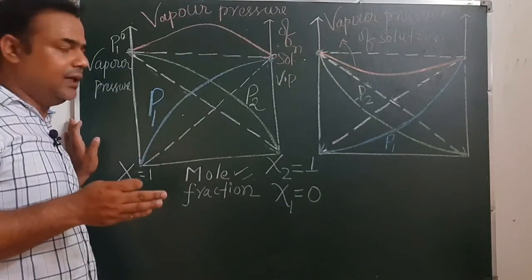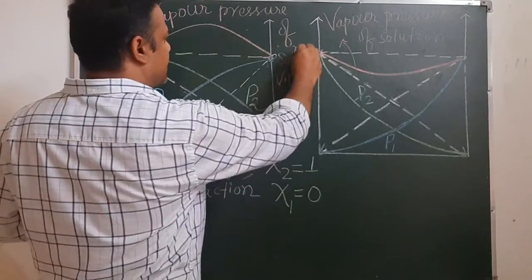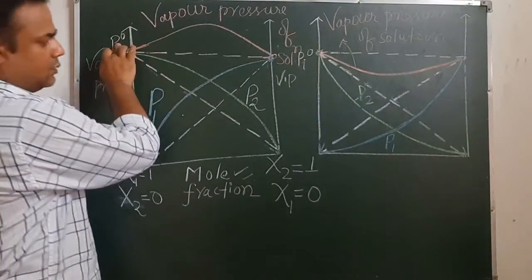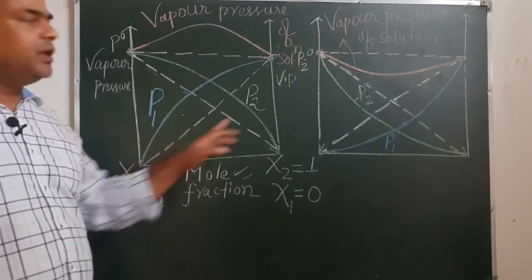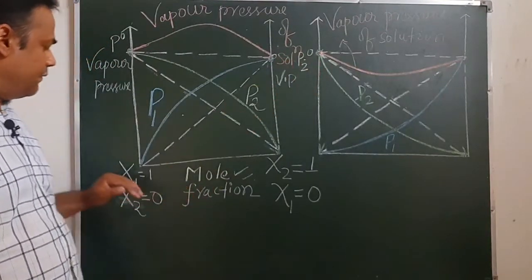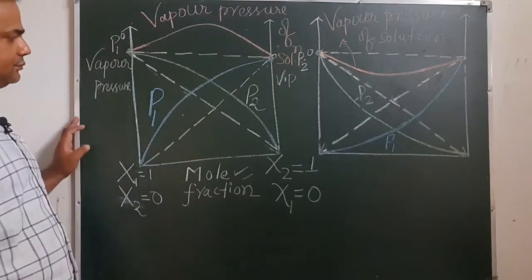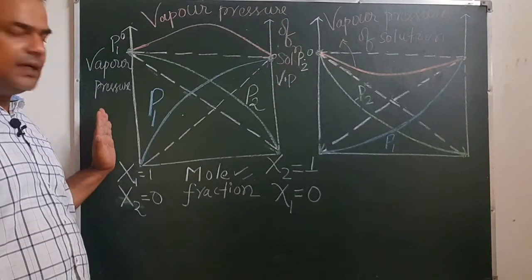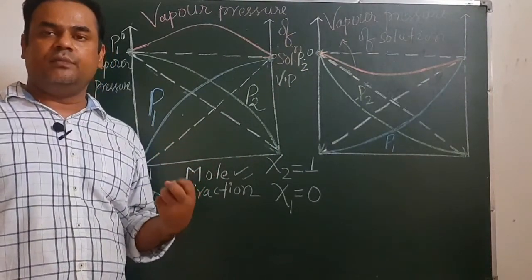It should be volatile, only then we can draw this phase diagram. This will be P2 naught, vapor pressure of solute in pure state P2 naught, vapor pressure of solvent in pure state P1 naught. So these two vertical lines are indicating the condition when our solute and solvent are in pure state.